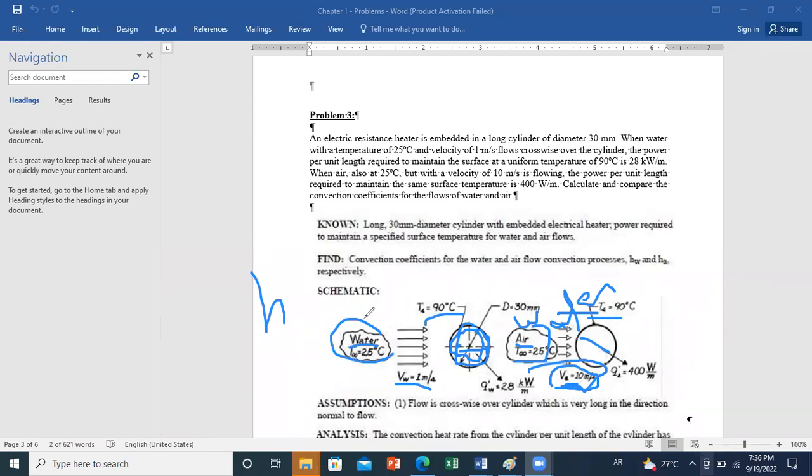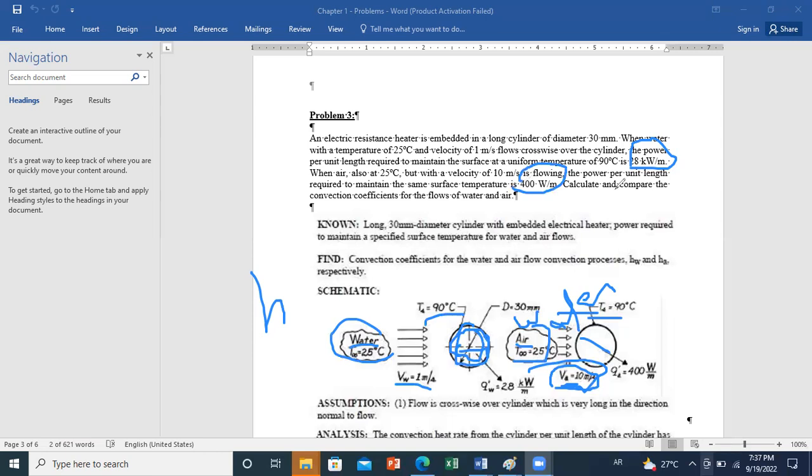They told us that in the first scenario, the power needed to maintain a constant surface temperature is 28 kilowatt per meter. However, in the second scenario, where we have air, we need another flux. We need a flux of 400 watt per meter.